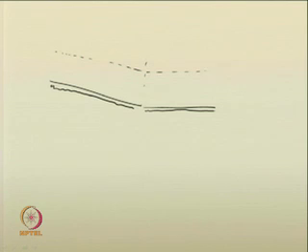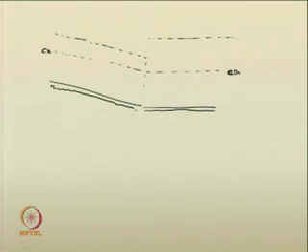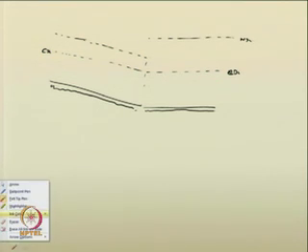Say this is the mild slope channel, okay. So, this is your critical depth line, normal depth line here, normal depth line here. You can think that, so I will just change the color.